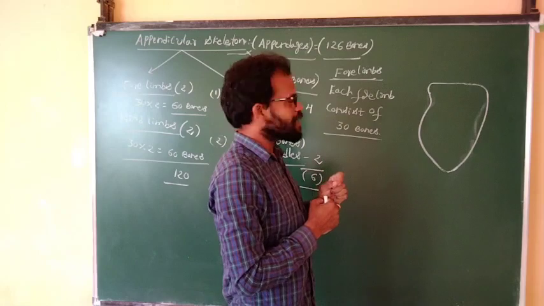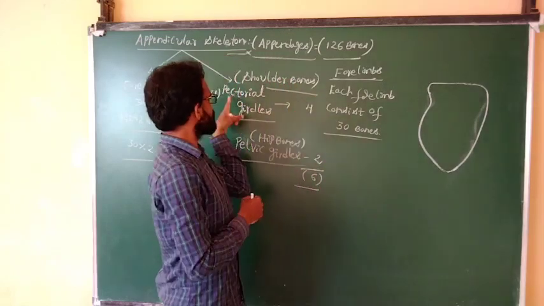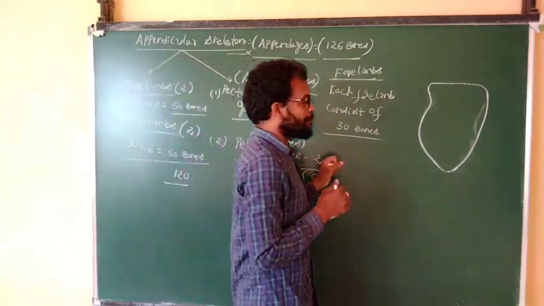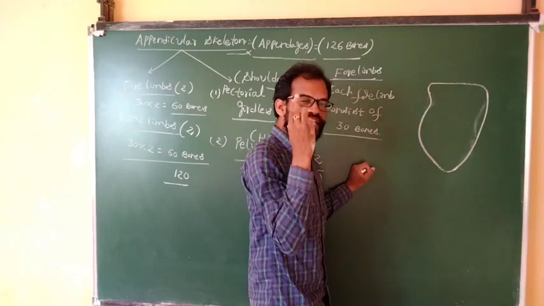The first shoulder bone is known as the pectoral girdles. What is this one? Pectoral girdles. The pectoral girdles consist of three main parts.